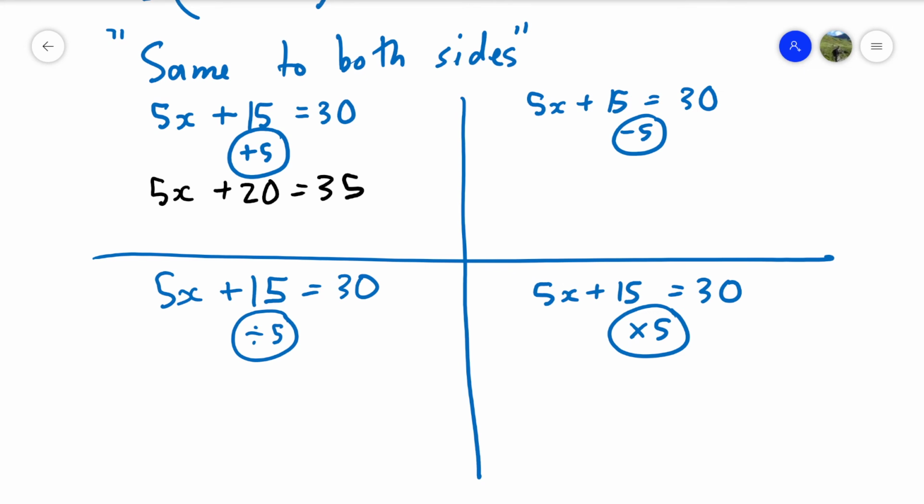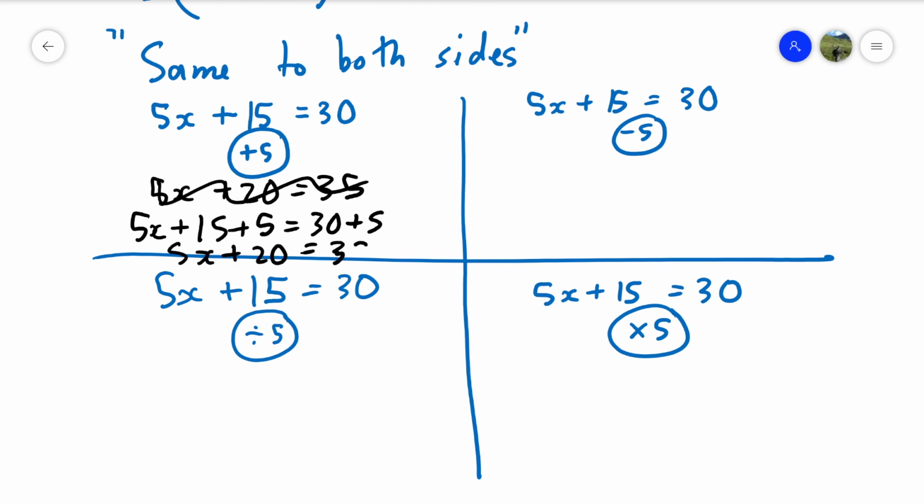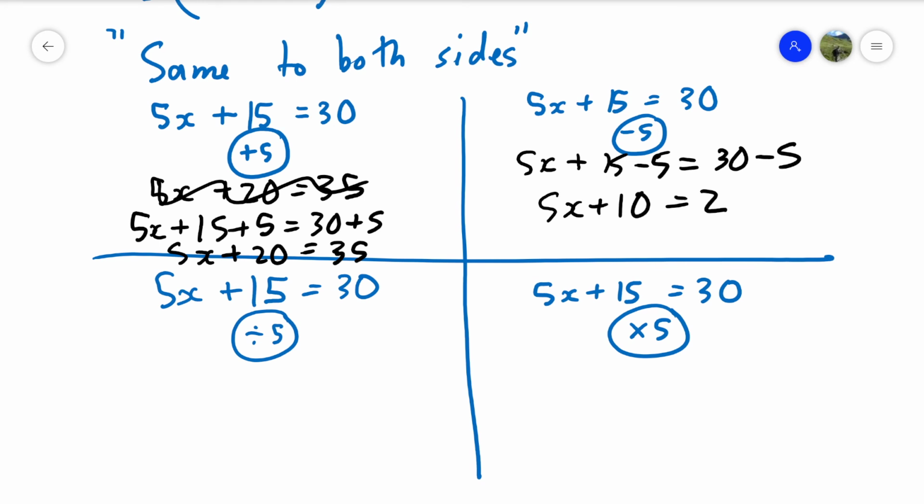Let's do this instead. 5x plus 15 plus 5 is 30 plus 5, which means 5x plus 20 is 35. Now minus 5. 5x plus 15 minus 5 equals 30 minus 5, which means 5x plus 10 is 25.